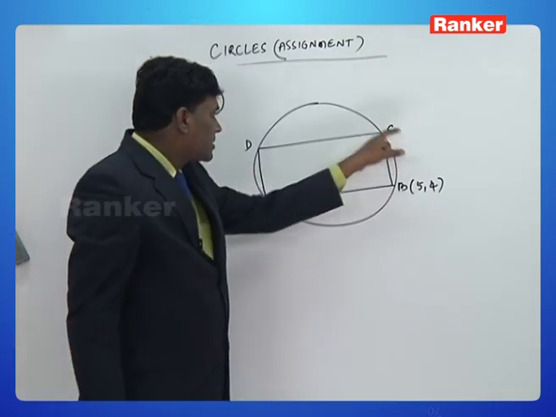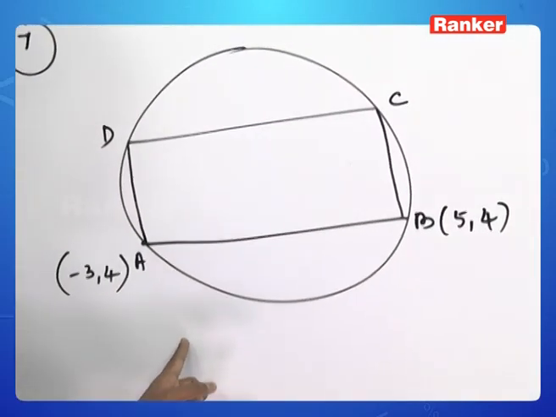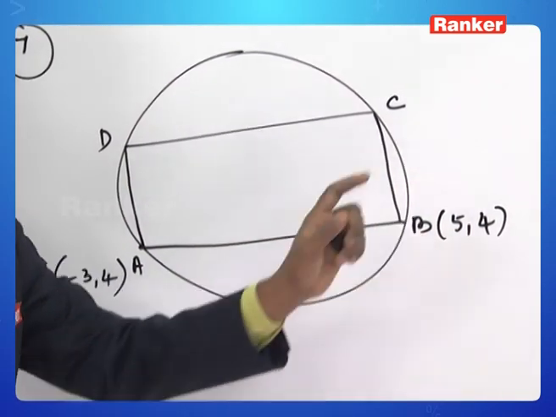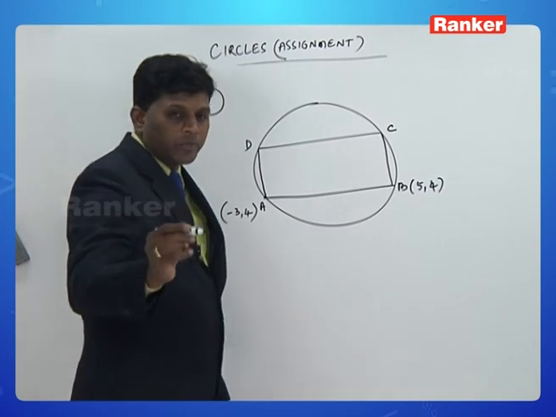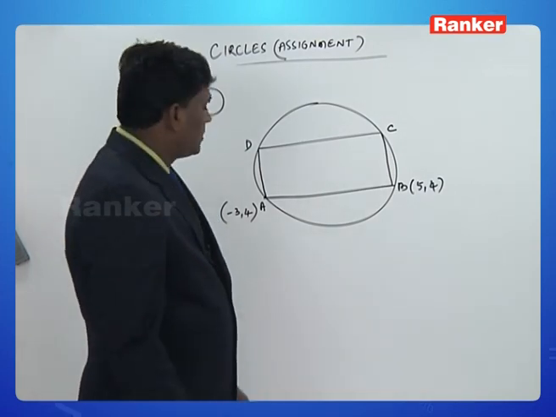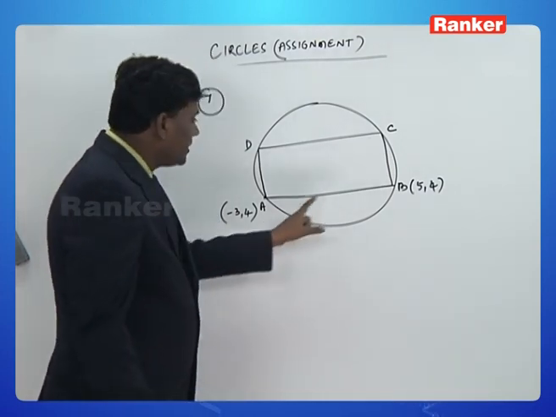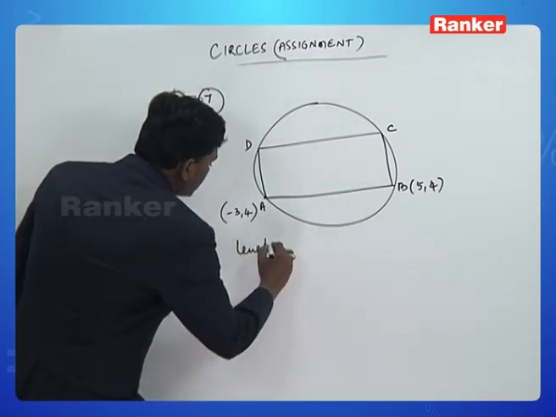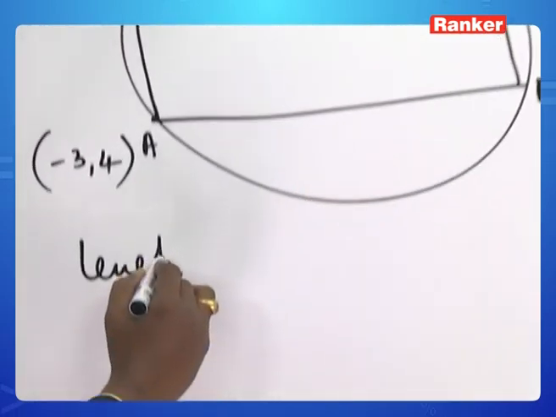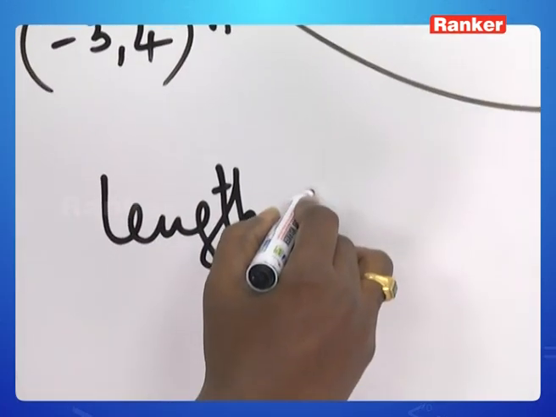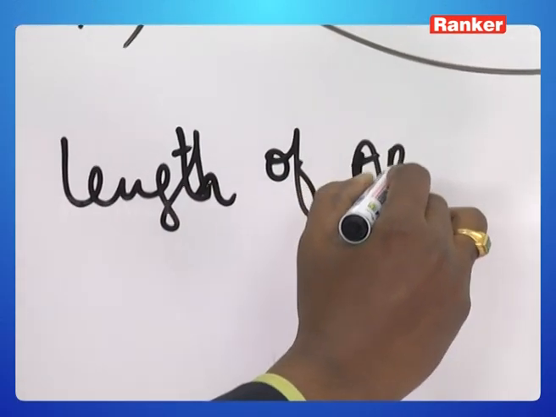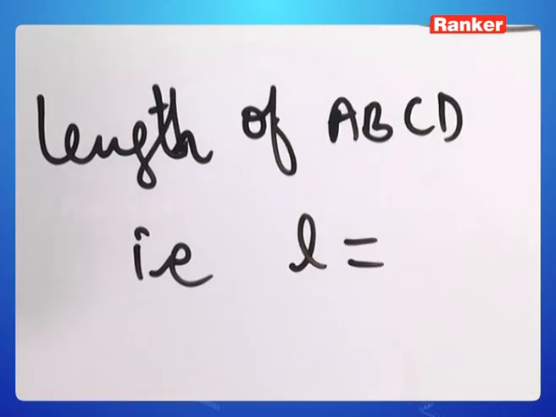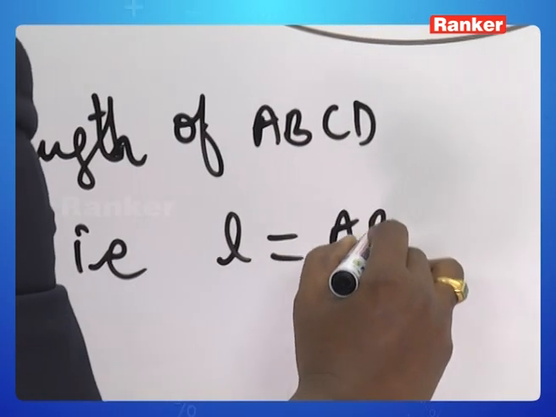Now ABCD is the given rectangle with vertex A minus 3, 4 and vertex B 5 comma 4. Because we require the area of the rectangle, in this we already know side AB, which is taken as the length of ABCD, that is L equals AB length.